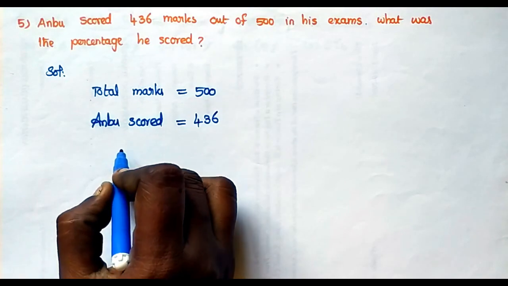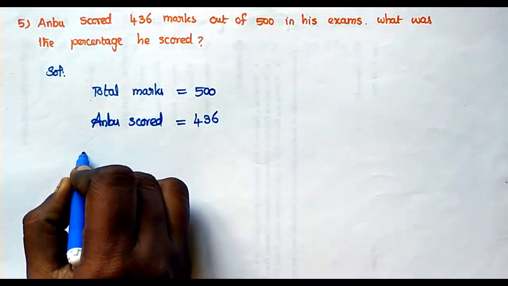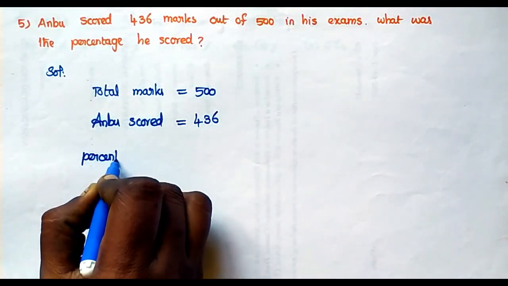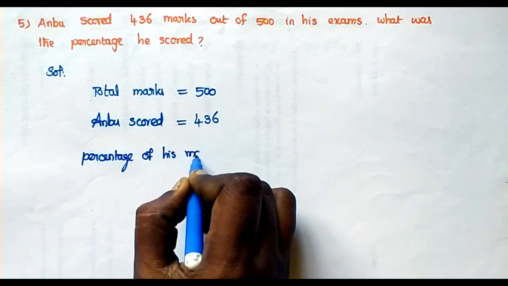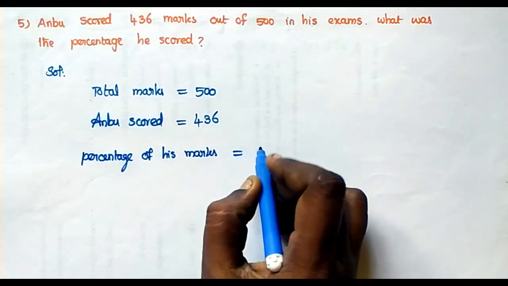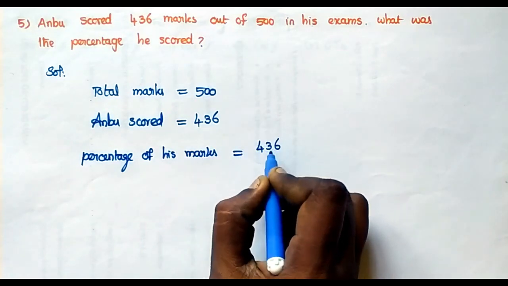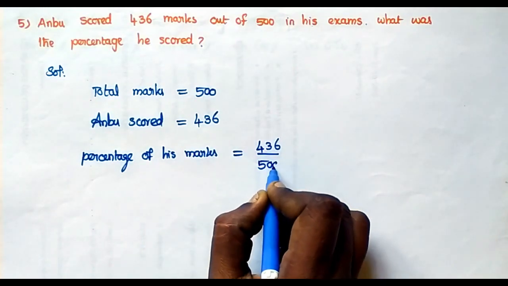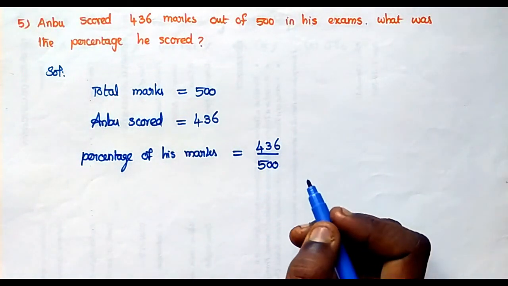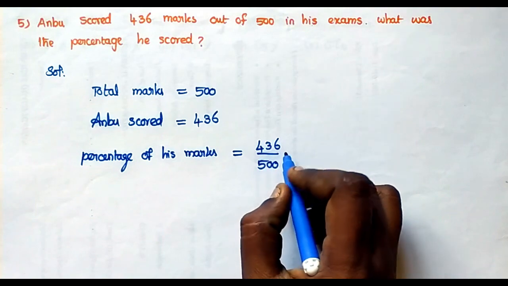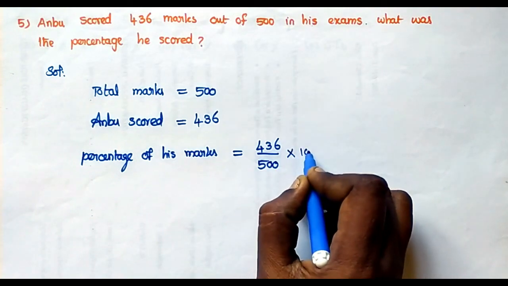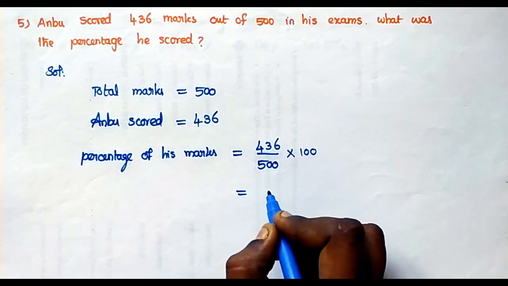So, percentage of his marks equal to 436 divided by 500. That is the fraction. Out of 500 he scored 436. Into 100 means we get the percentage.